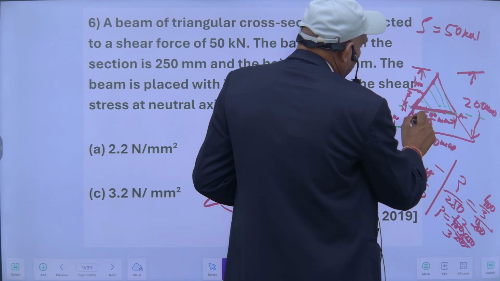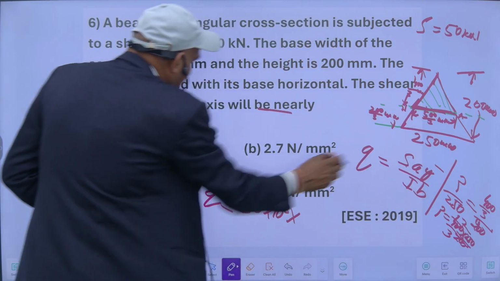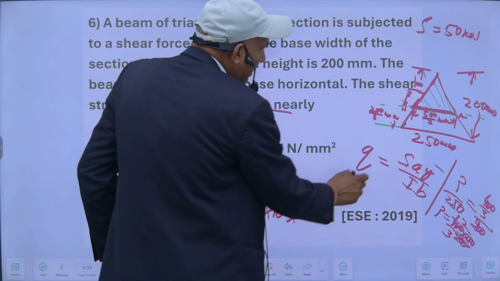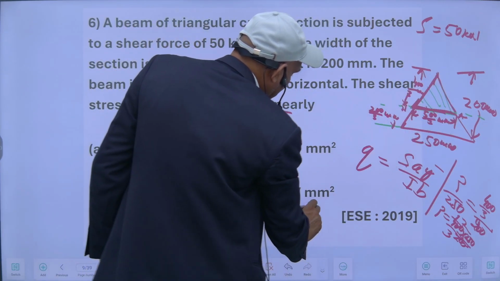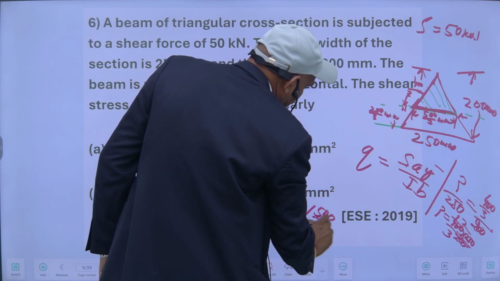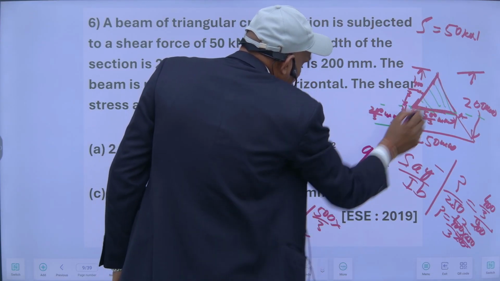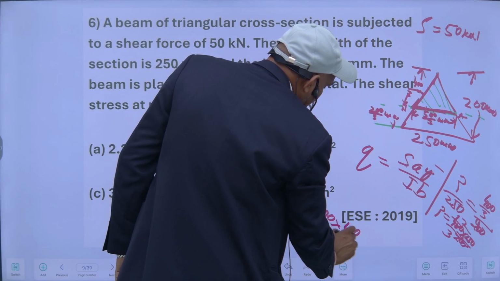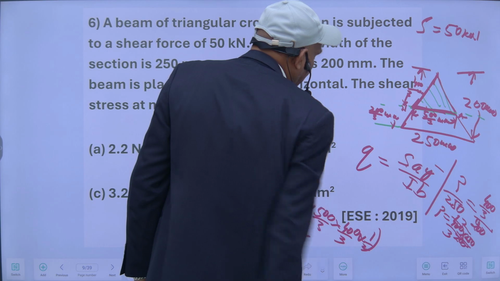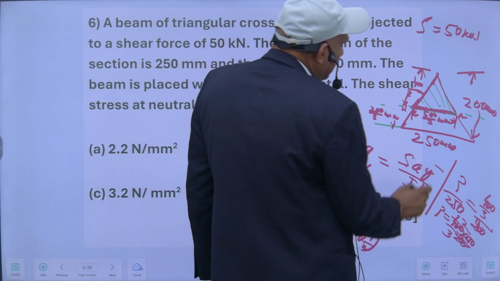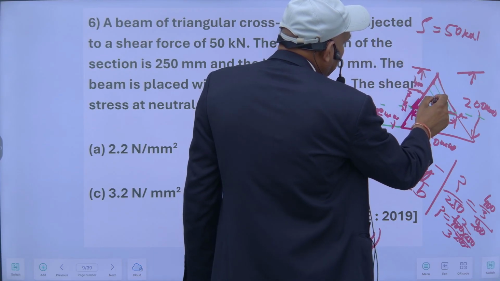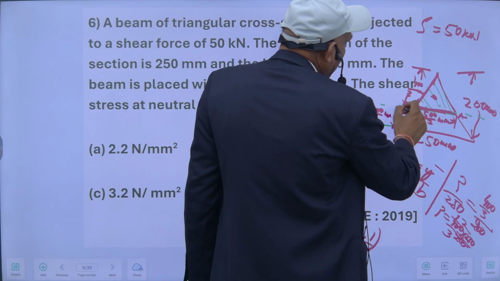Now in this formula Q is equal to S A y bar. S is this much. Area of this will be this side, which is 500 by 3, as the base, into this height, 400 by 3, into 1 by 2. This is the area of this portion into its distance from the centroid of this area, and this is the neutral axis.